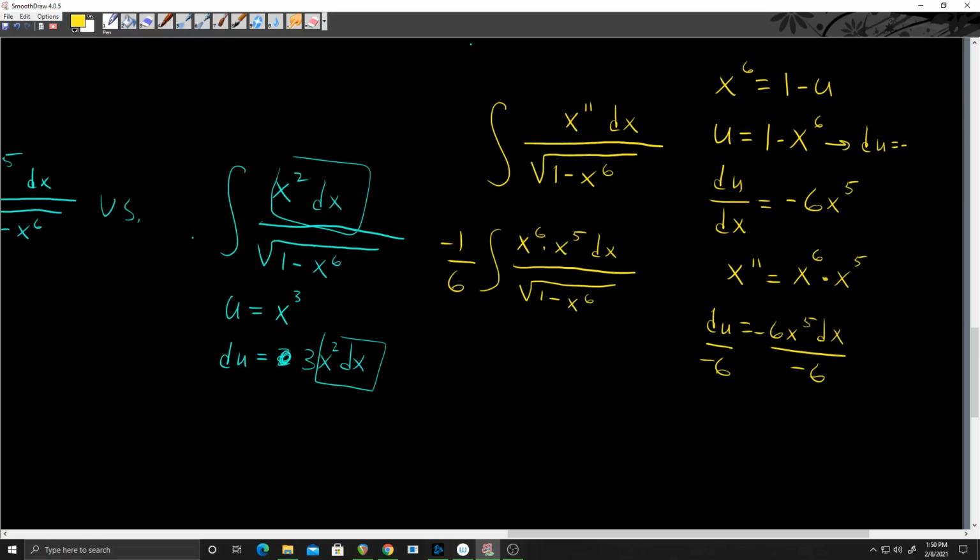Now, x to the 6 is 1 minus u, x to the 5th dx is negative 1/6 du, and this is still going to be u to the 1/2.